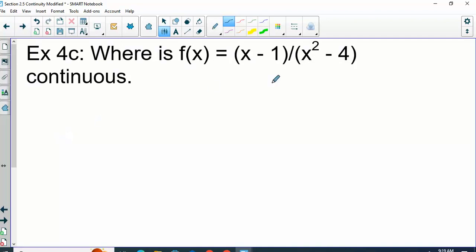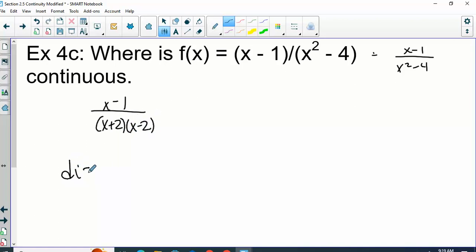One more like this. If I have x minus 1 over x squared minus 4, what do we have to do? So this graph is discontinuous where?